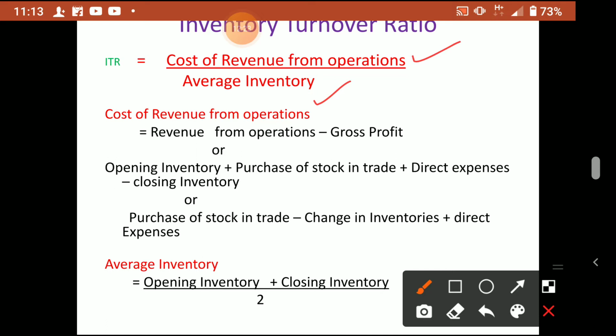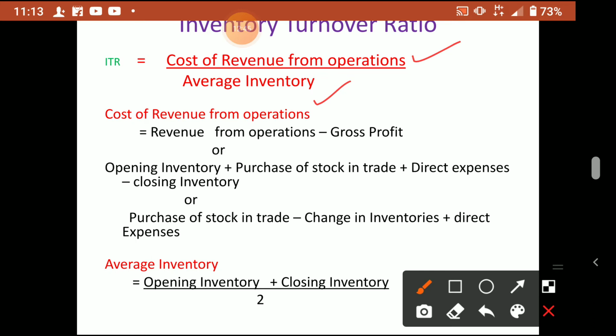So all those things are the money we spend to bring the product to the stage of sale. That includes all the trading account items. You remember last year's trading account format.